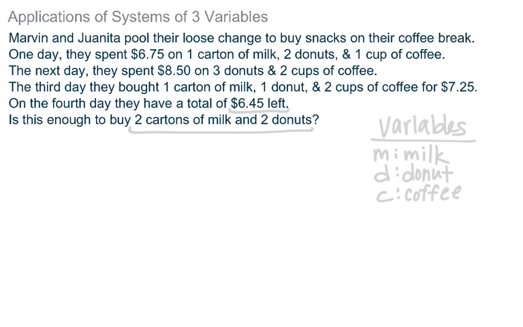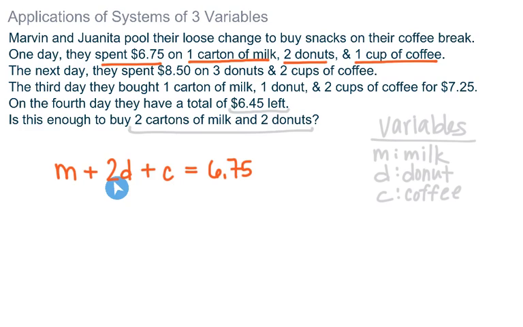The good news is I have 3 days' worth of data. So let's look at each line here and see if we can create an equation. On day one, we have a total amount. They spent $6.75 for one carton of milk, two donuts, and one cup of coffee. Using these variables, we can write the equation M plus 2D plus C equals 6.75.